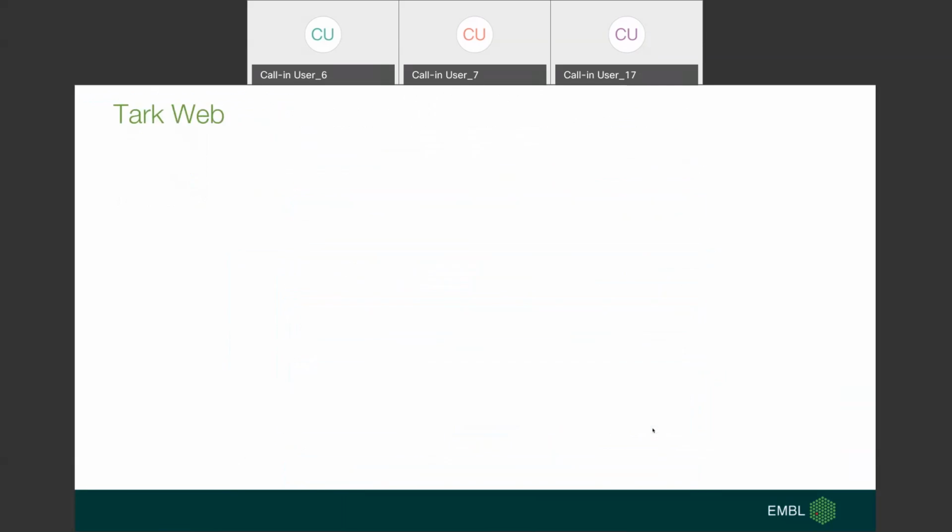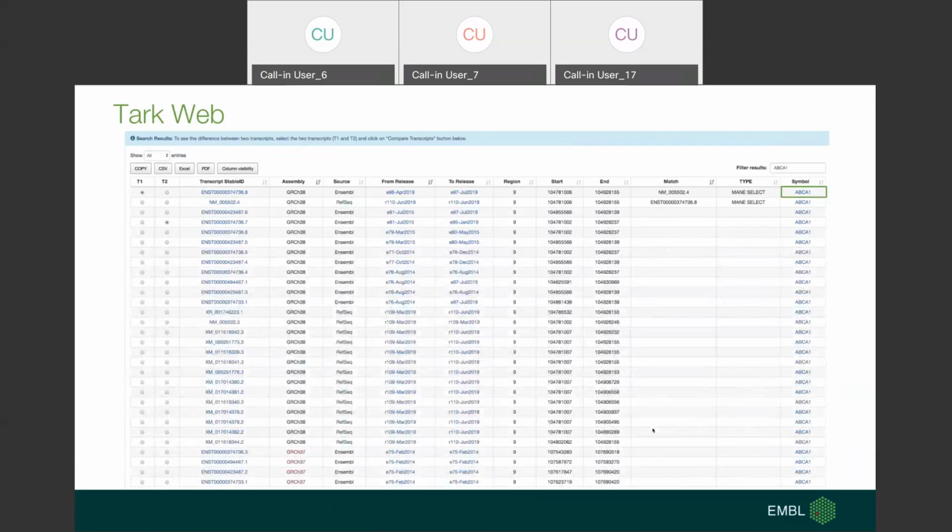Wonderful. So if you can see it here, basically this is what it would look like. You search by gene, and it gives you all the transcripts from 38 and 37, and then you can select 2 transcripts here, or more. You can compare, and it also shows you which one is the MANE Select.